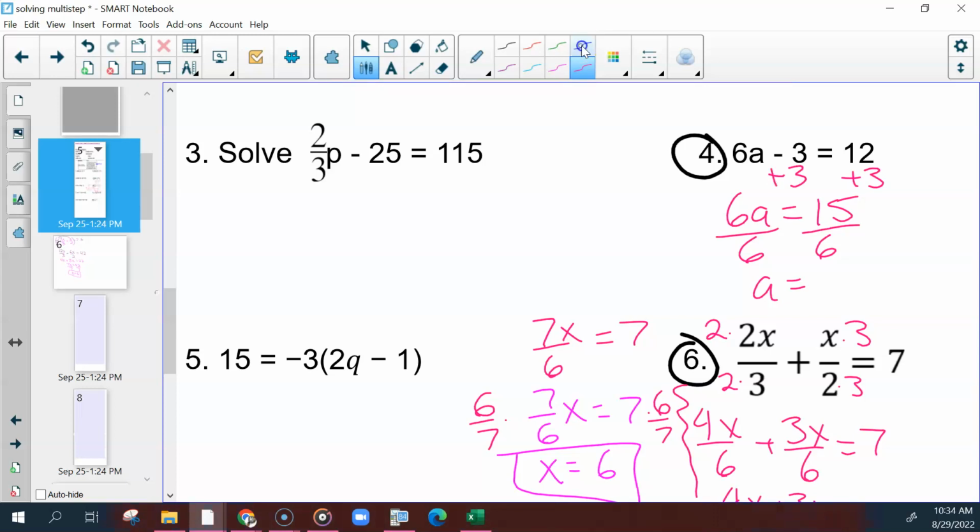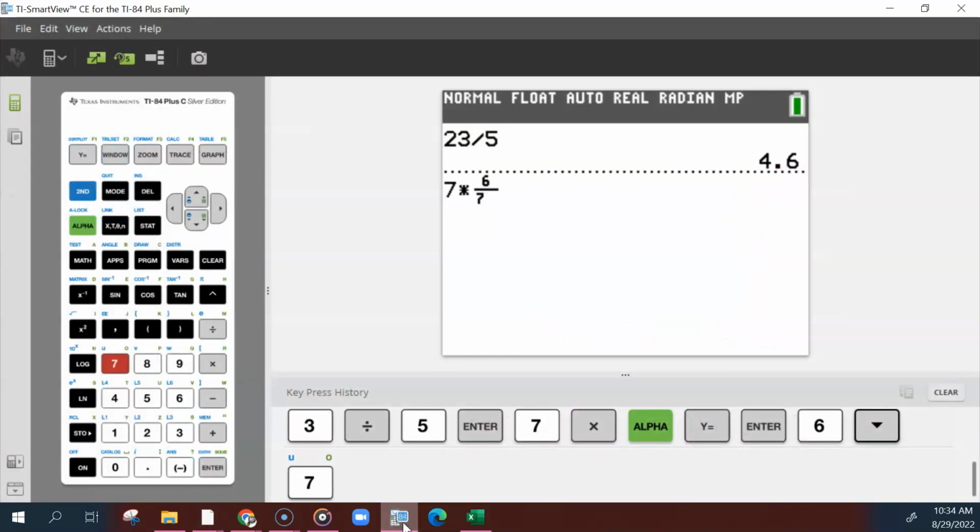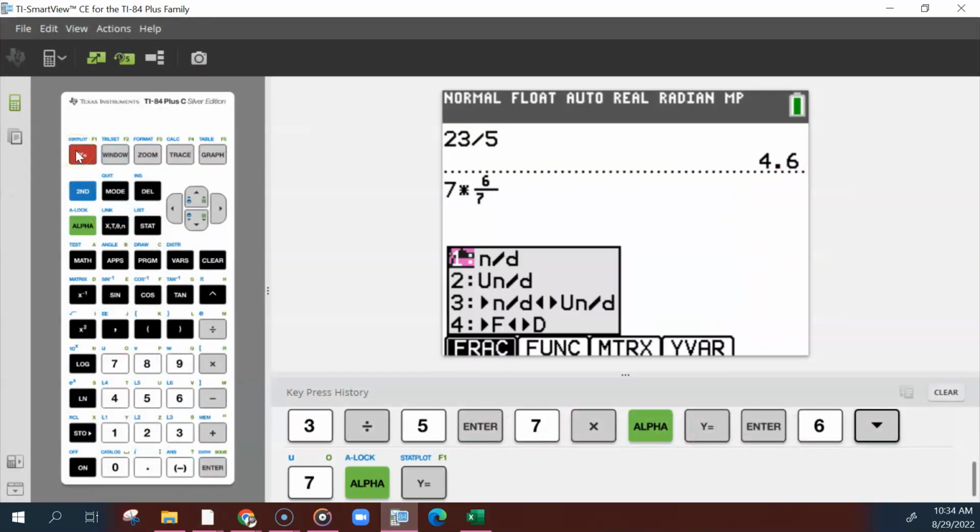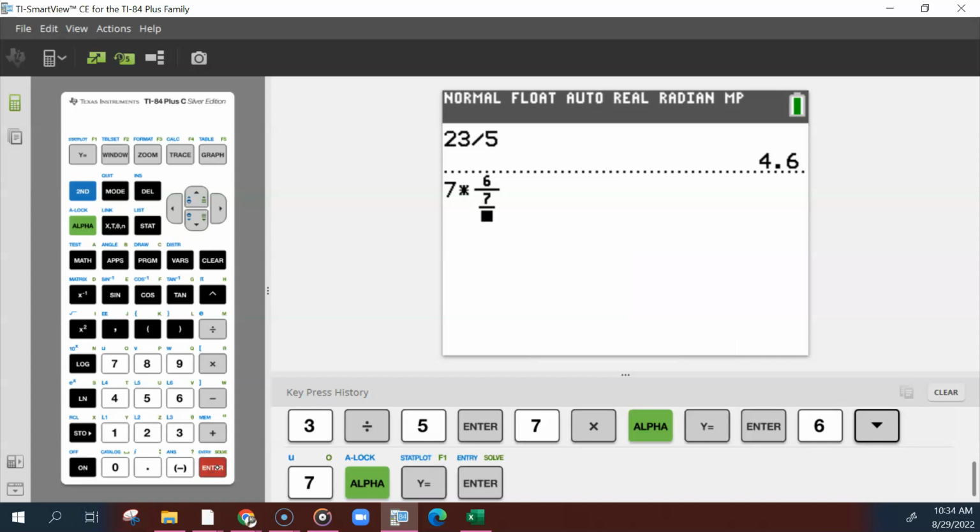Here, what would this be when we simplify this? Let me use your calculator to see what it looks like. So using that same alpha by equals, you can put in 15 over 6, and it'll simplify it for you. That would be the decimal.